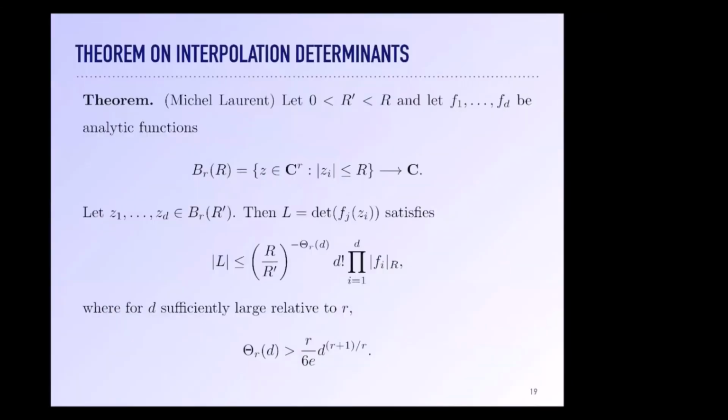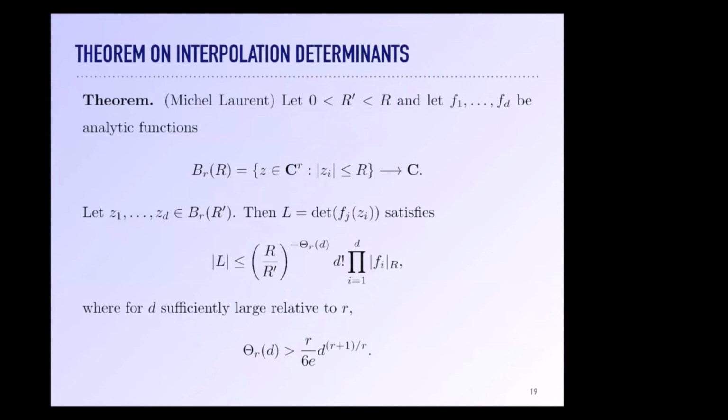But now let me give the theorem on interpolation determinants. So again, I have nested radii, but I'm calling them capital R prime and R. I shouldn't have called the other one little r on the previous slide because my little r here is my fixed rank, so I shouldn't reuse variables.